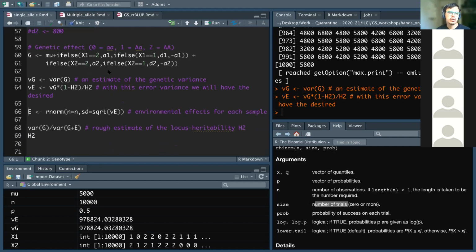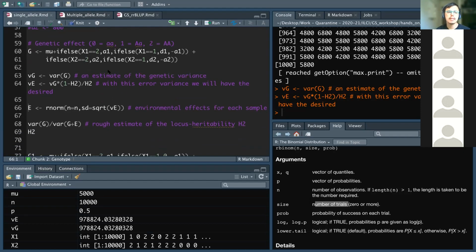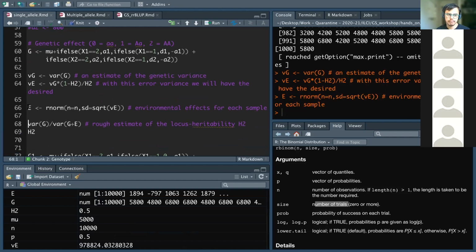Okay, and after estimating the environmental variance, we can estimate the error in the phenotype. To do that, we are just going to create a normal distribution of the data with the size of the population that we have and the standard deviation that we identified in the environmental variance.